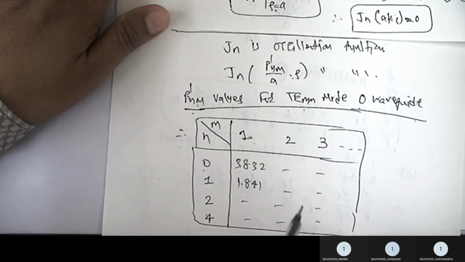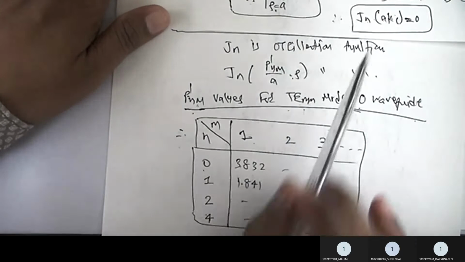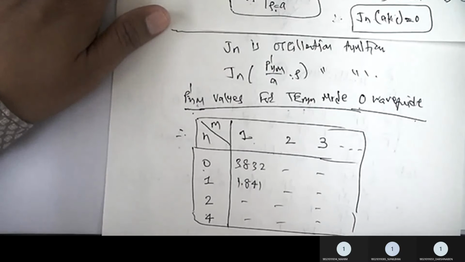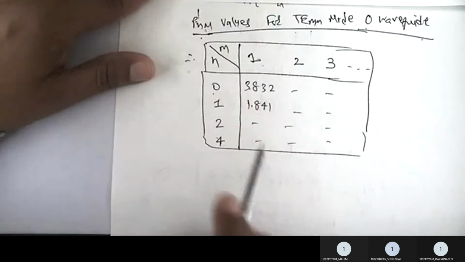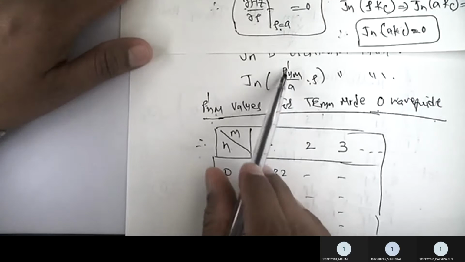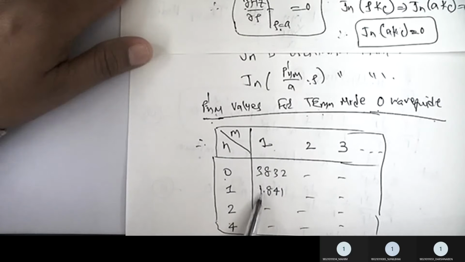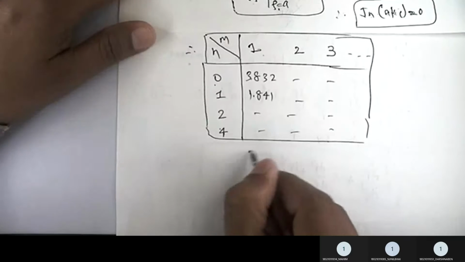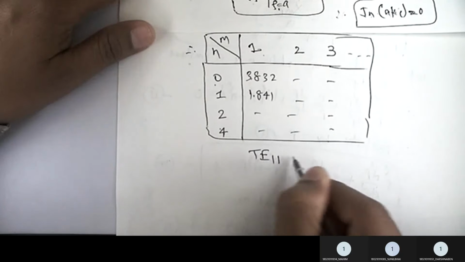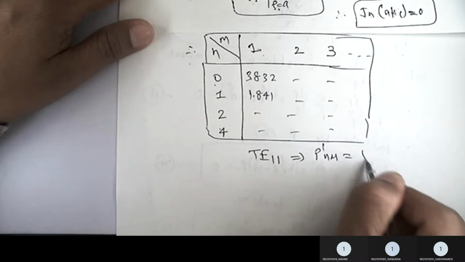So there are some permissible values that can only satisfy these oscillating functions, these Bessel functions. For a particular value of this P'nm by a, for example for TE11, the P'nm value is nothing but 1.841.